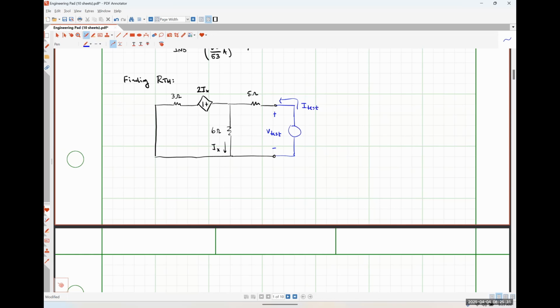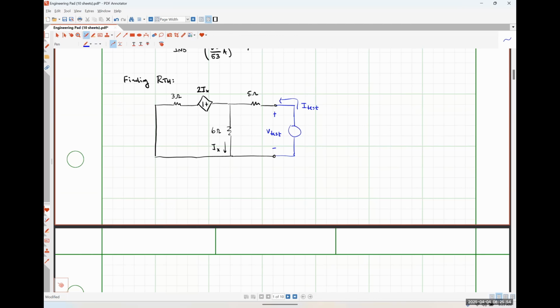And then I'm just going to take the ratio of V test to I test. So if I choose to apply a voltage source, I'm effectively saying that V test will have some specific value. And when I choose to apply a current source to excite my system, I'm essentially saying that I test will have some specific value, and I'm just solving for the other piece of information, okay?